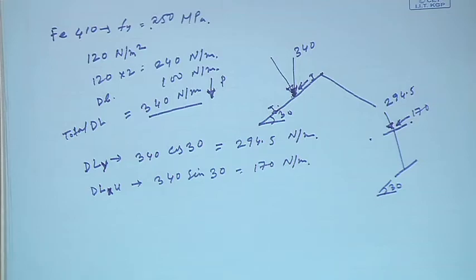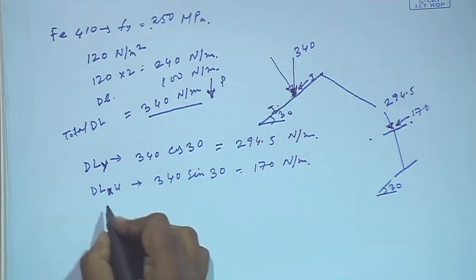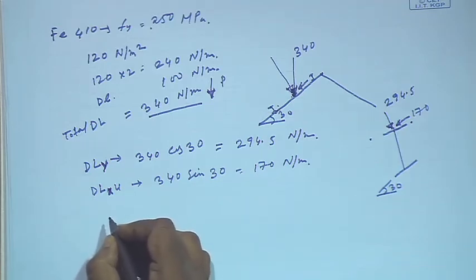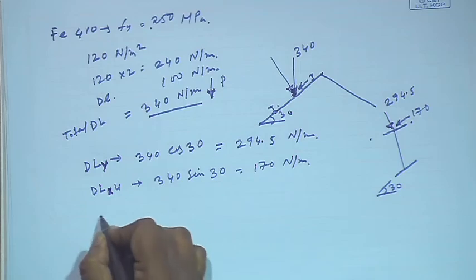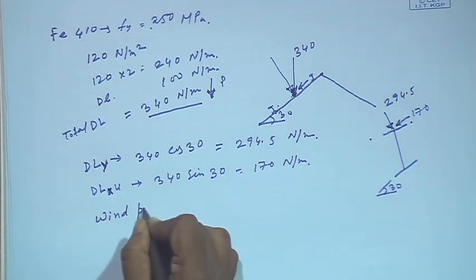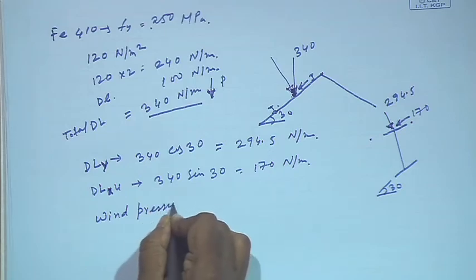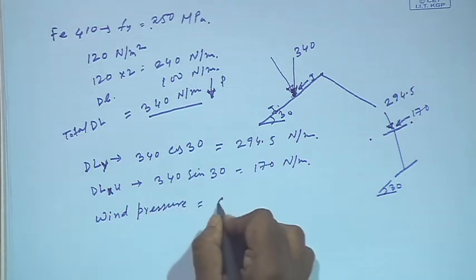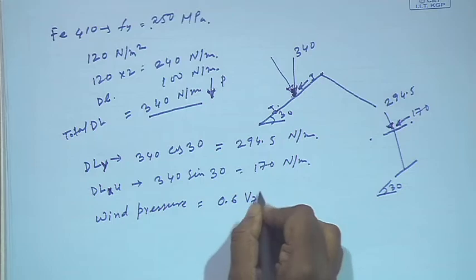This is due to dead load, and wind load is also acting. As the wind speed is 50 meter per second, we can find out the wind pressure. Wind pressure will be calculated as 0.6 Vz square.